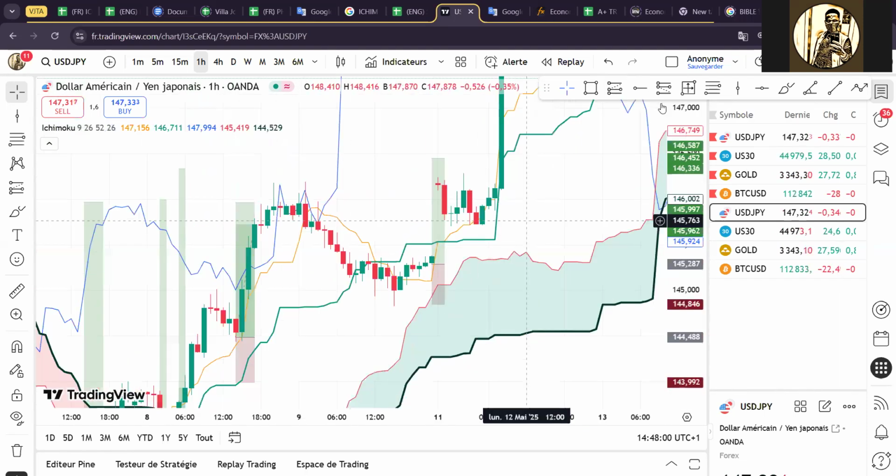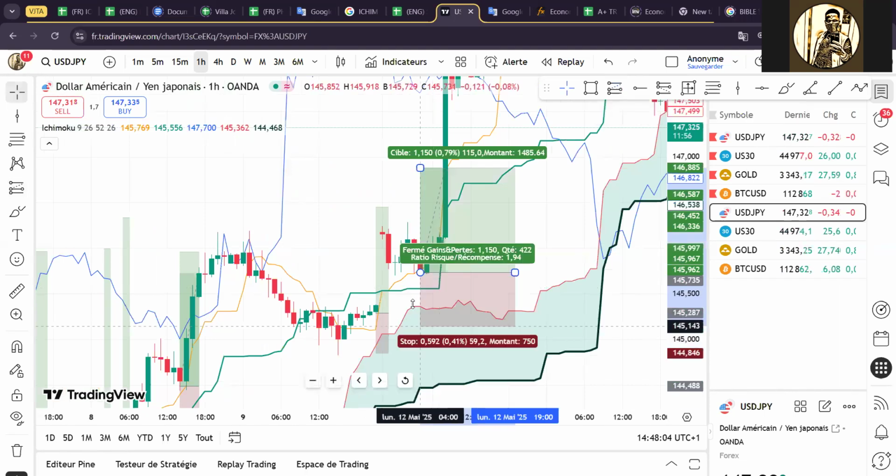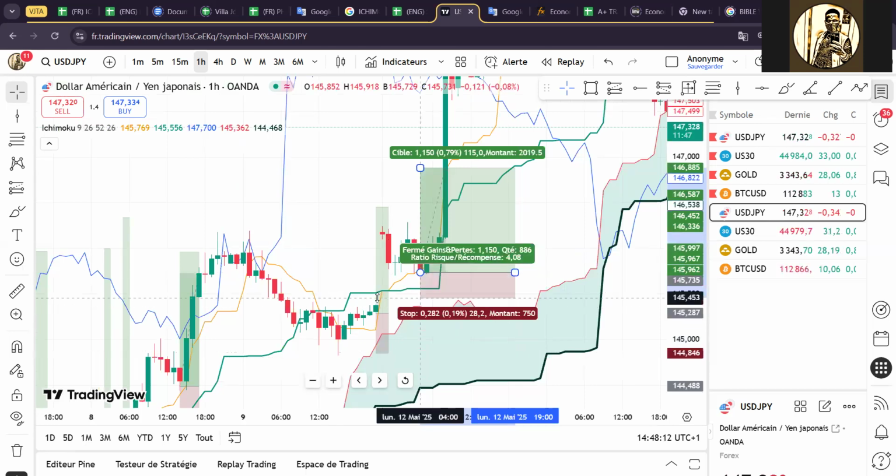And then you have the push. When you have a push at this point, your stop loss can be, this is a gap, right? I'll just put the stop loss just below Tenkan and Kijun like this.